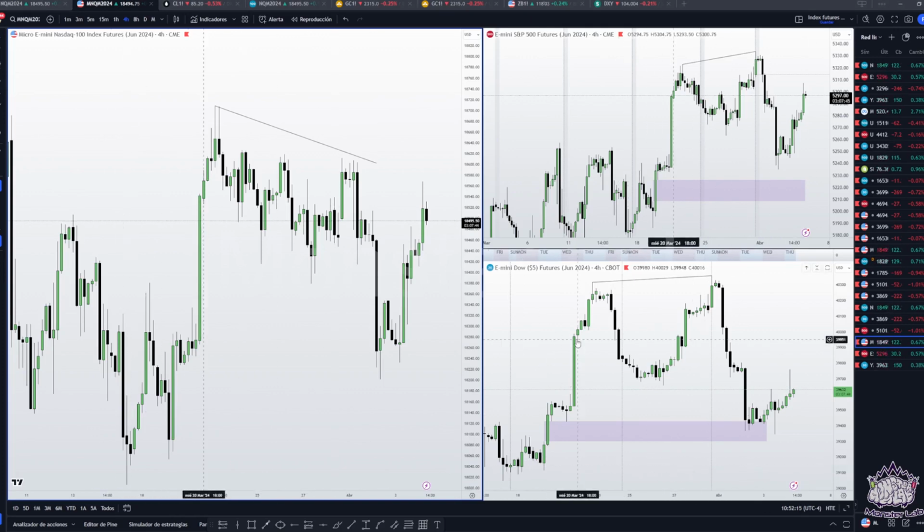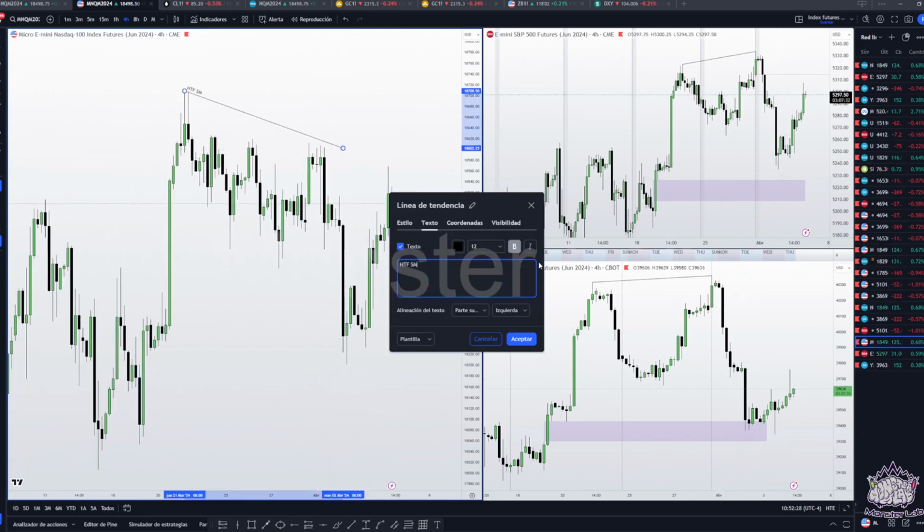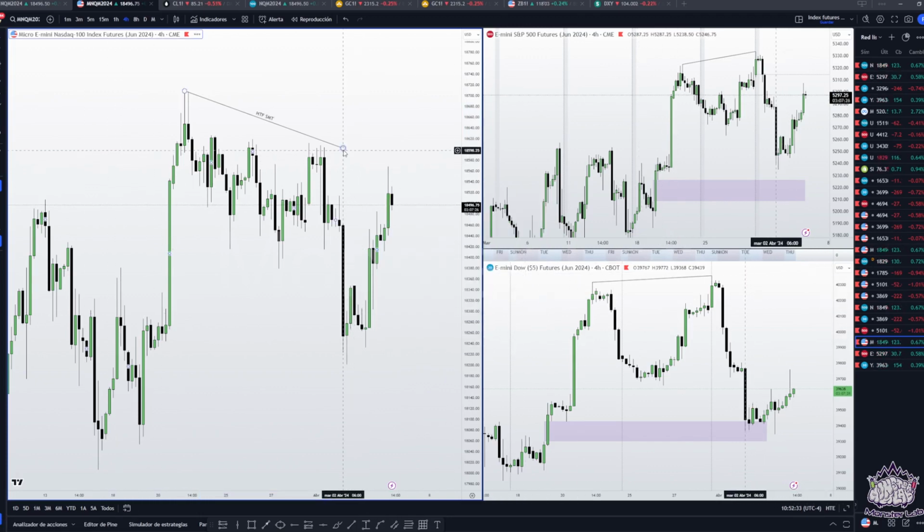For example, here, in any market correlation, it's the same.